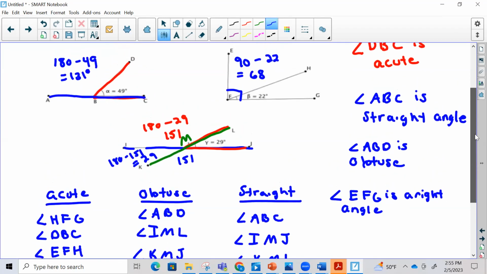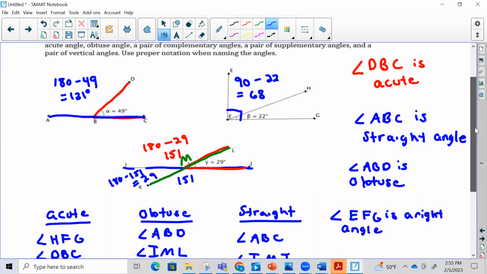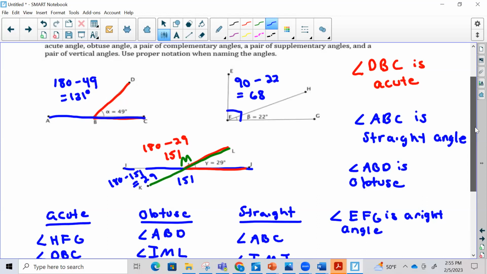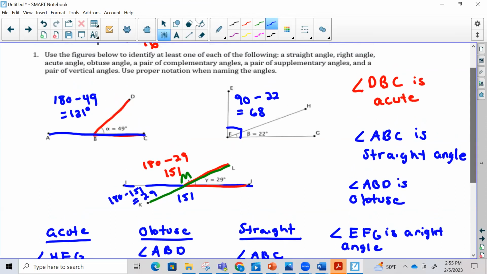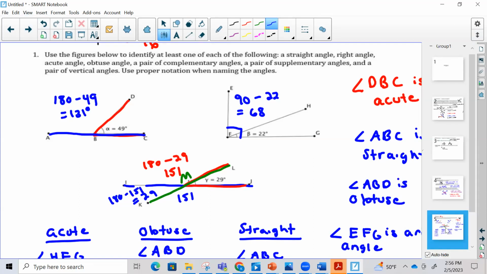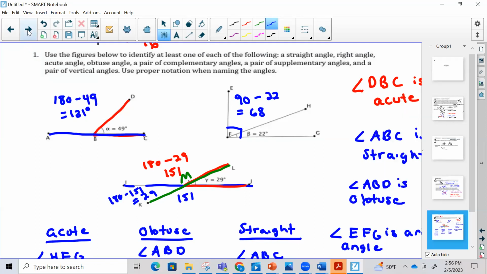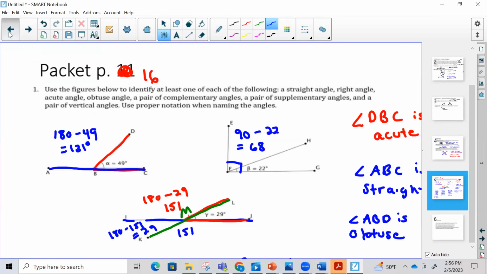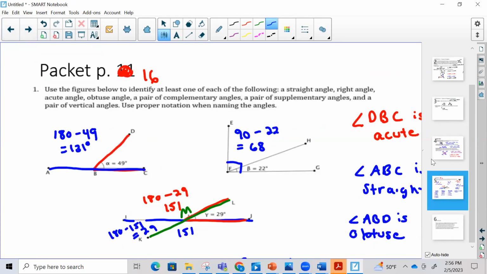And then we have our angle pairs. So let me, I was trying to.